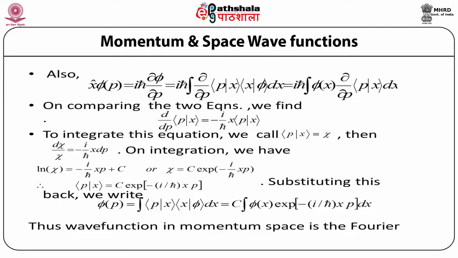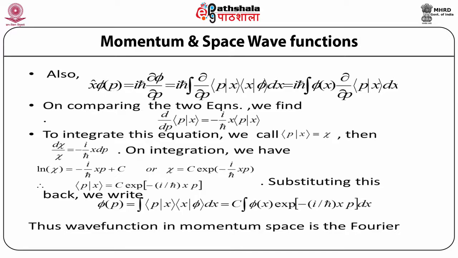On integration, we have log of xi is equal to minus i by h cross xp plus c, where c is the constant of integration, or xi is equal to c times exponential to the power minus i by h cross xp.